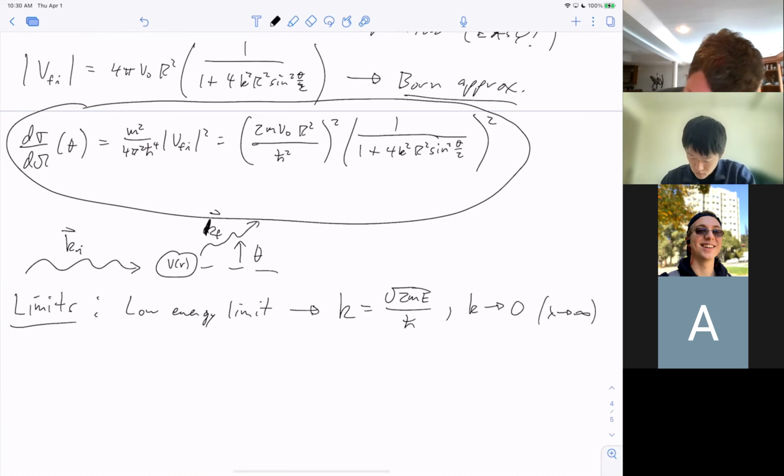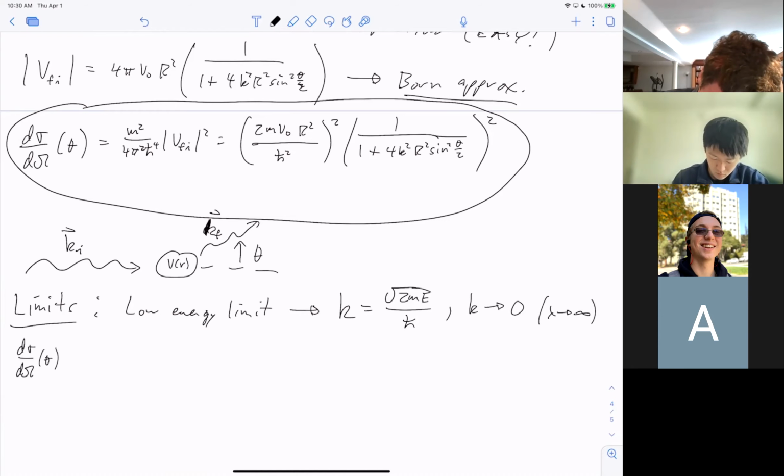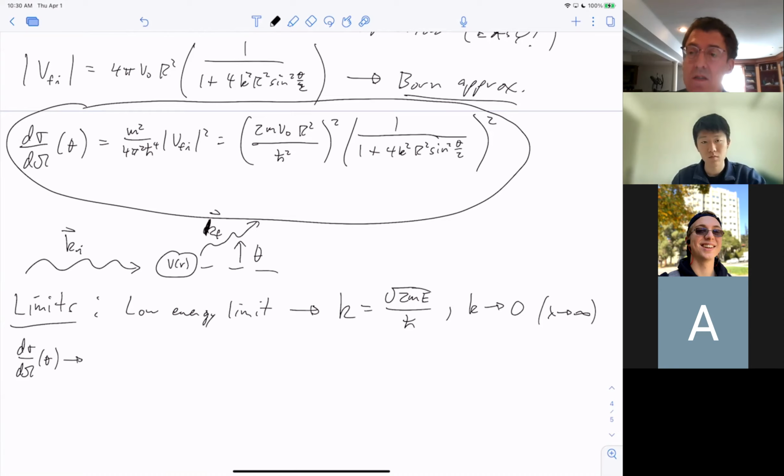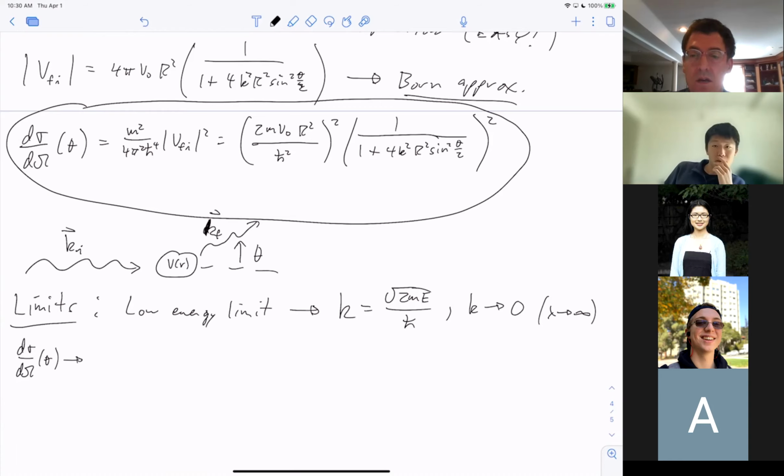So the low energy limit means that k goes to 0, same as saying that the wavelength goes to infinity. And so then let's look at our formula, and we see that d sigma d omega of theta is what? Look at the formula above. What kind of function does it turn into? Can anyone tell me? Does the second part go to 1, so it's just the first part squared? And the first part, what kind of function is that?